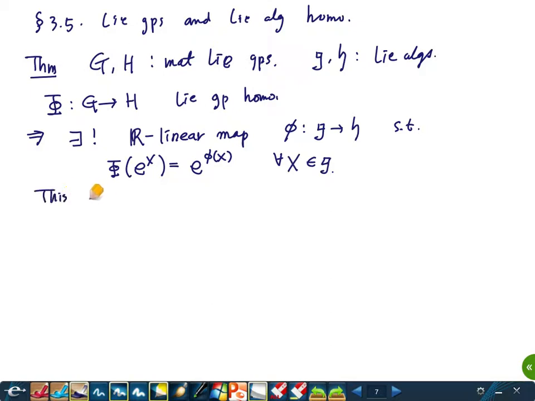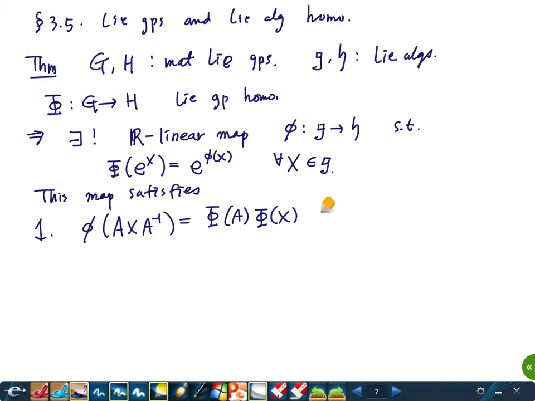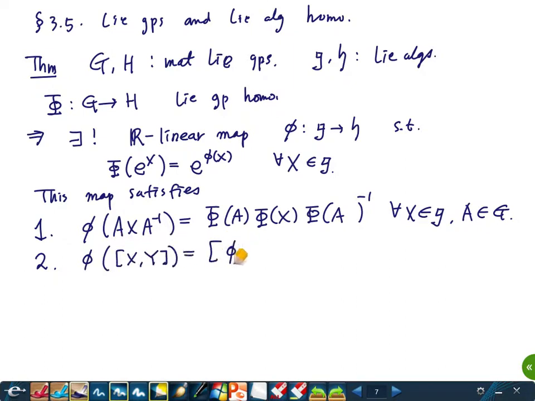And this map satisfies, first, φ(AXA⁻¹) equals Φ(A) φ(X) Φ(A)⁻¹ for all X in 𝔤, A in the Lie group G. Second, φ([X,Y]) equals [φ(X), φ(Y)] for all X, Y in 𝔤.